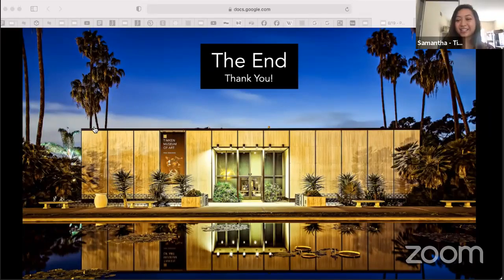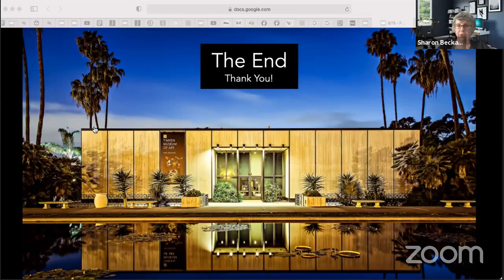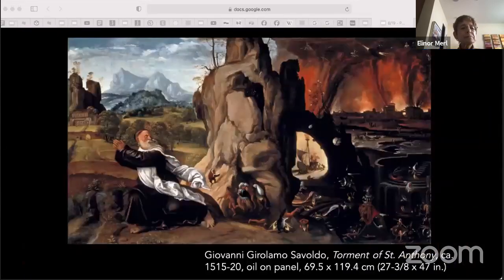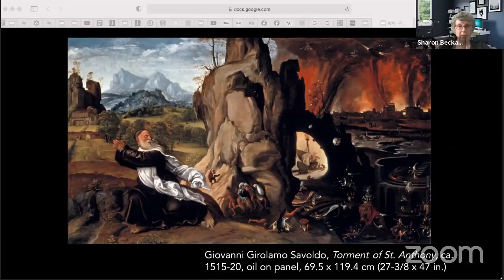And I see Sharon is raising her hand. You can go ahead, Sharon. Yes, hi, thank you. Of course. There was a slide that was briefly on that reminded me of Bosch. Can you show that slide a little longer? Let's see if I can get back up to it. Here we go. No, not that one, the one after it.